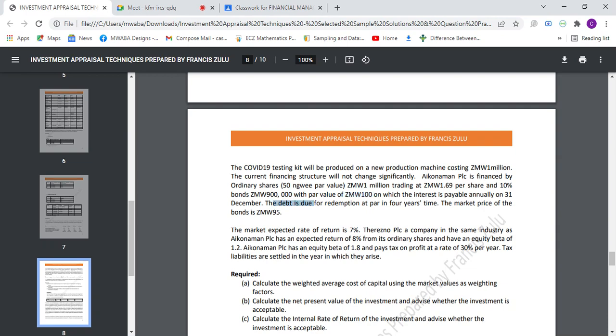At the end of the period for that redeemable debt, you'll be given this par value, this 100 kwacha, and what you invested in originally, 900,000. The market price of the bonds is 95 kwacha. The market expected rate of return is 7%.